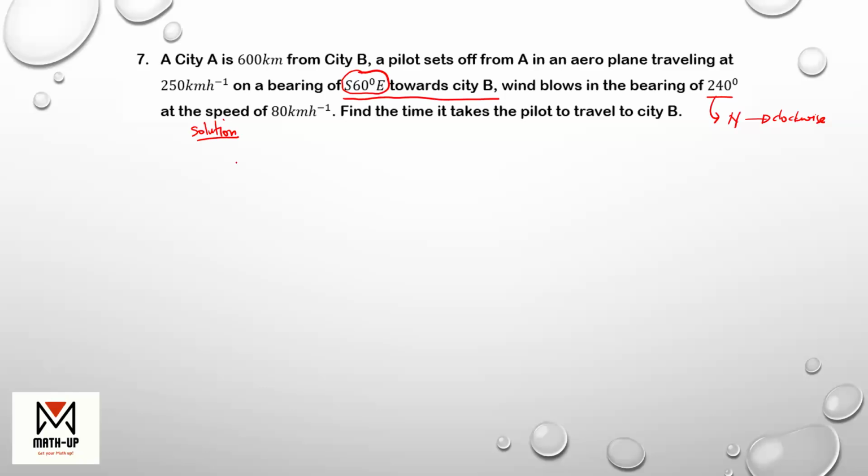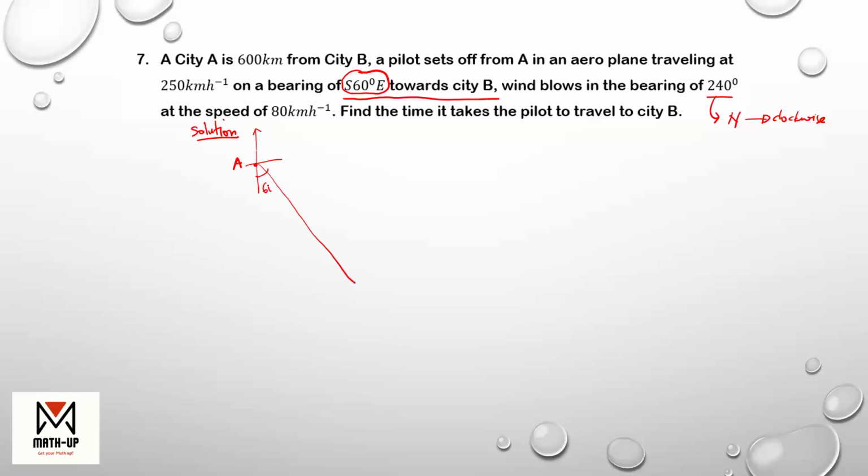Let me say this is city A. Our city A is here, and the question says he sets off south 60 degrees east. So I'm going to measure 60 degrees from the south towards the east, and I'll have something like this.